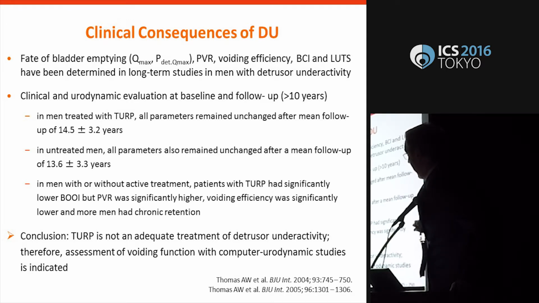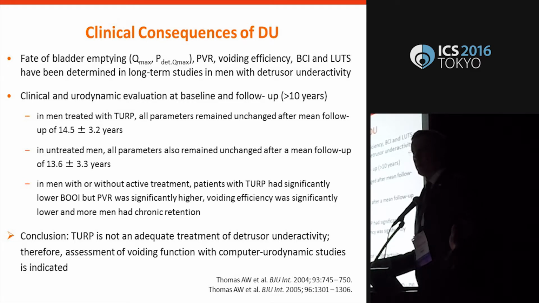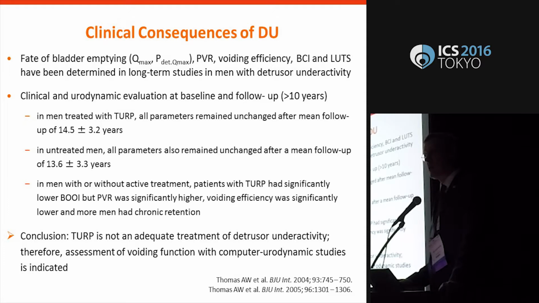And when you now compare the treated and untreated group, the bladder outlet obstruction index decreased in the TURP group. This is not surprising. But the patients with TURP did worse because they had significantly higher post-void residuals. The voiding efficiency was significantly lower and more men had chronic retention.